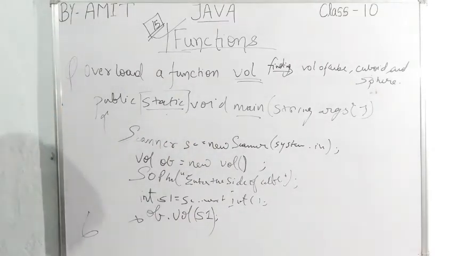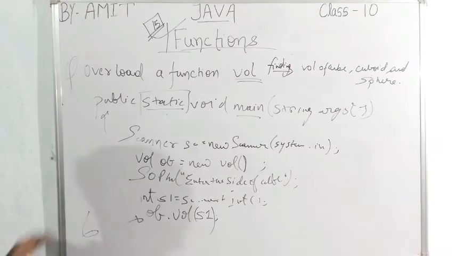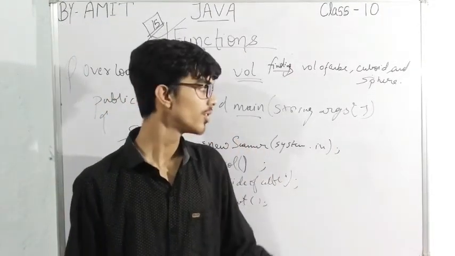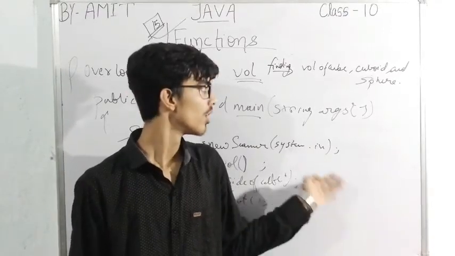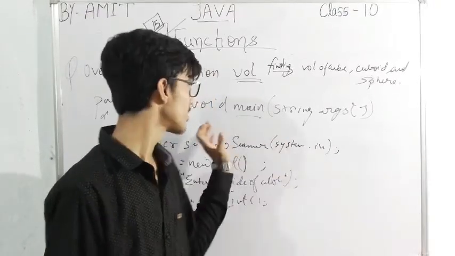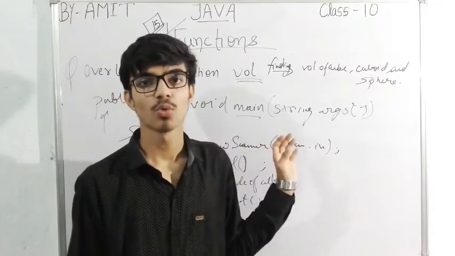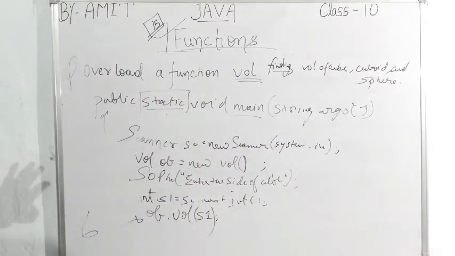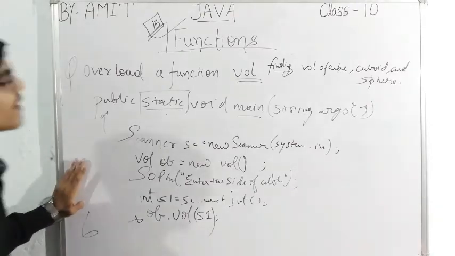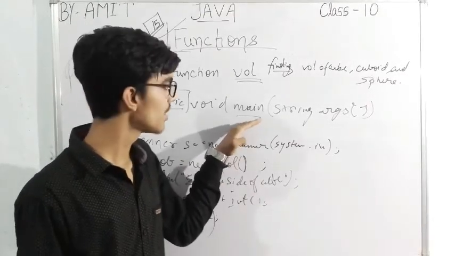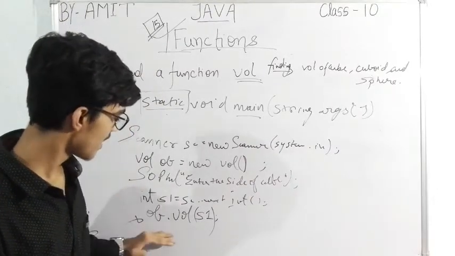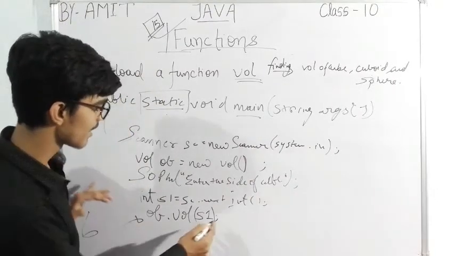Hope you have understood the overloading of functions, how we use one function like vol twice or thrice by putting one value, and at last we use the main function, which takes the input and calls here the object.